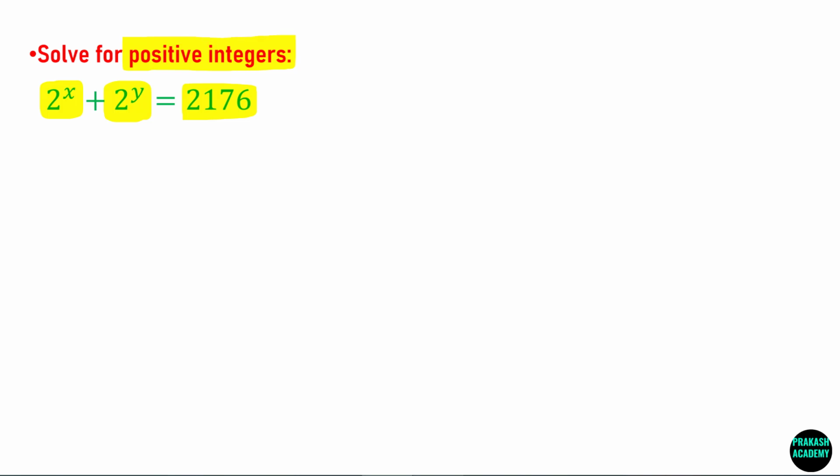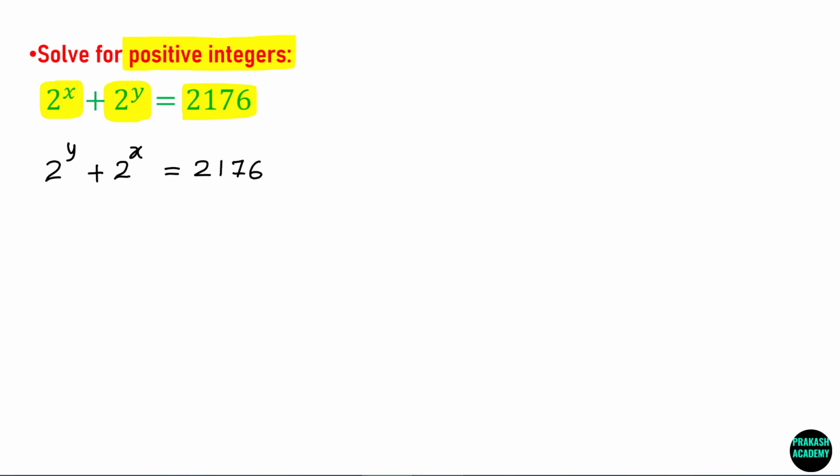These kinds of problems are generally solved using the factorization method. But before factorizing this equation, you can notice there is a cyclic symmetry in the equation. For example, if I replace x with y, I will have 2 raised to the power y, and y with x, so this will be 2 raised to the power x, and we have 2176.